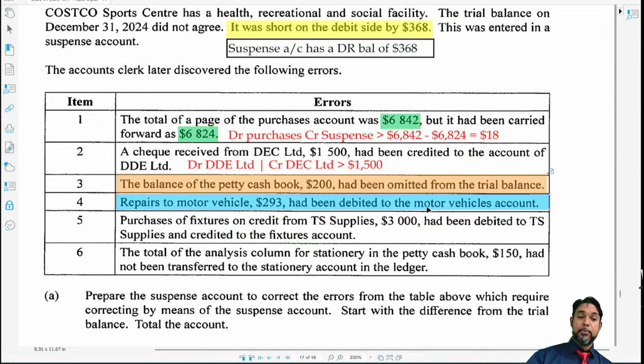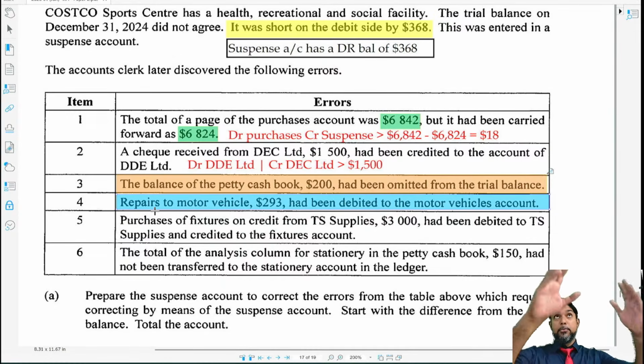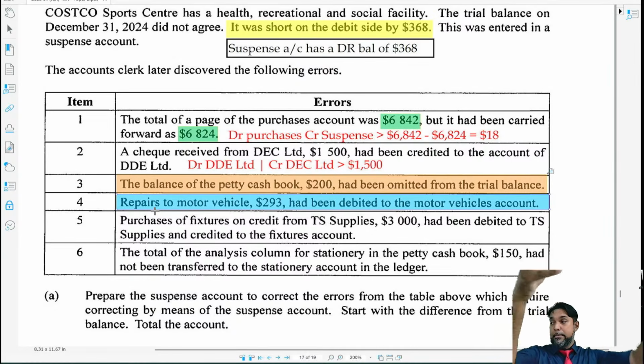And we have a debit in motor vehicles that shouldn't be there. How do we undo or cancel a debit? By crediting the account. So in this case, it's supposed to debit motor vehicle and debit repairs. You can put motor vehicle repairs, you can put repairs expense, anything along those lines, you can even combine the two, right? So you put debit motor repairs and credit motor vehicles.